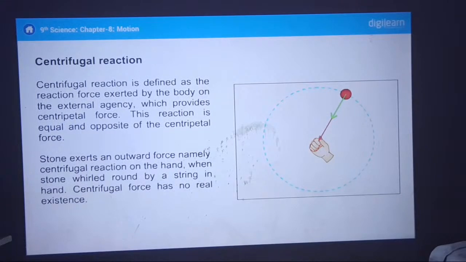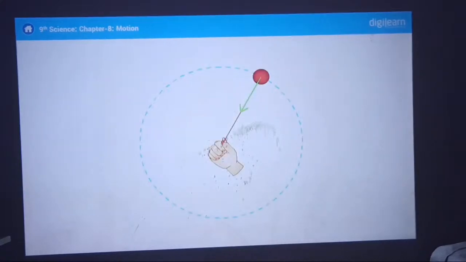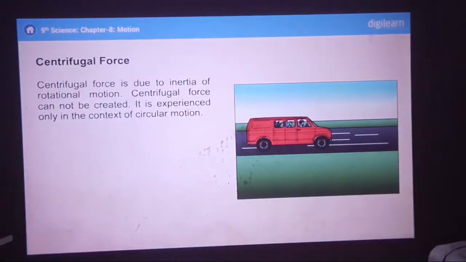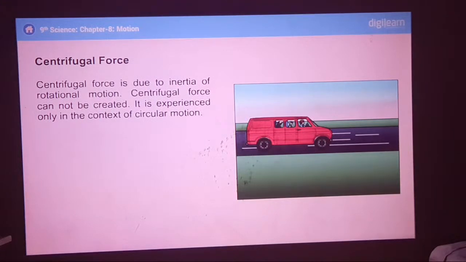Centrifugal force has no real existence. Centrifugal force is due to inertia of rotational motion. Centrifugal force cannot be created. It is experienced only in the context of circular motion.